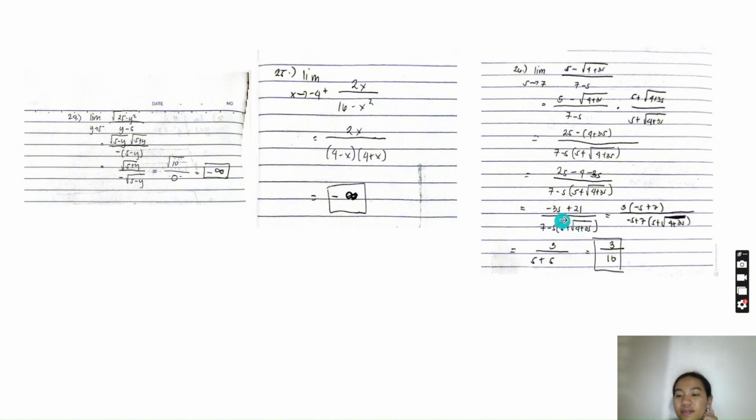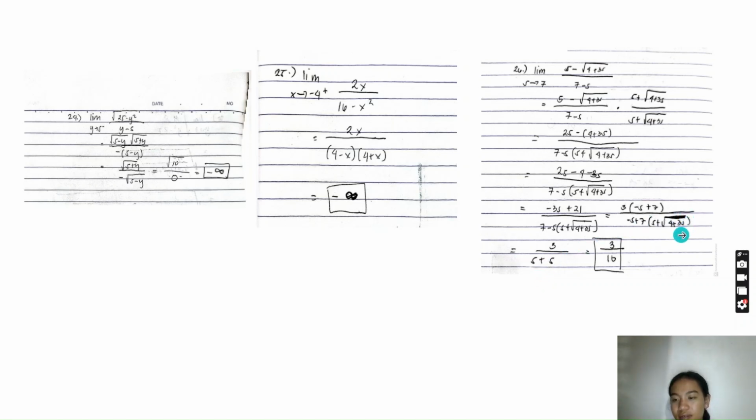Since the factor of negative 3s plus 21 is 3 times the quantity negative s plus 7, then we can cancel it with the quantity from the denominator, which is negative s plus 7. Canceling them together leaves us 3 all over 5 plus s.